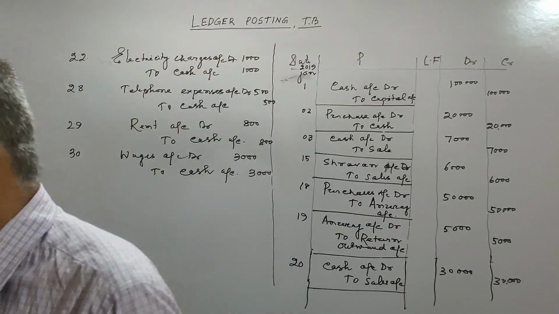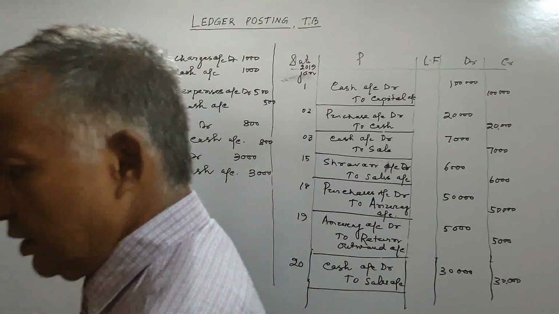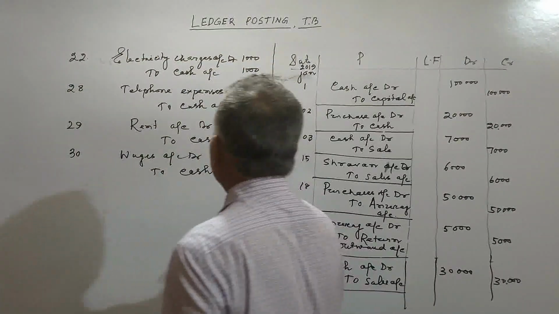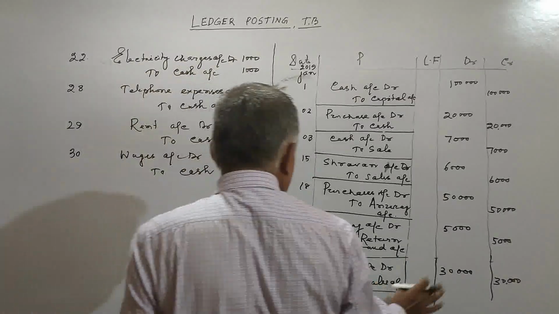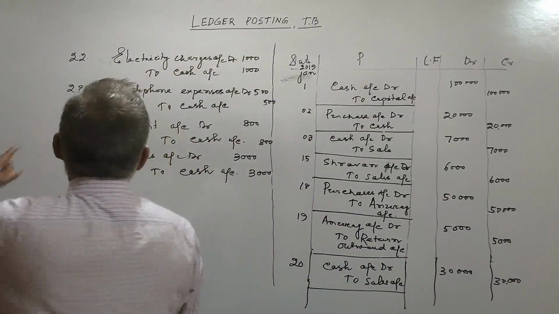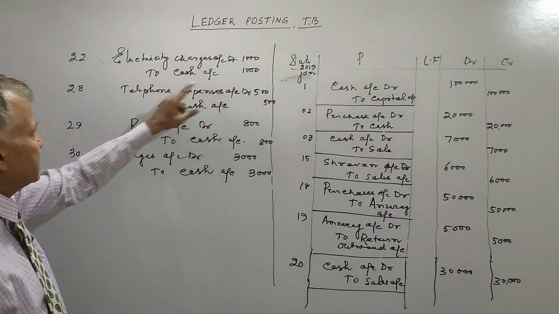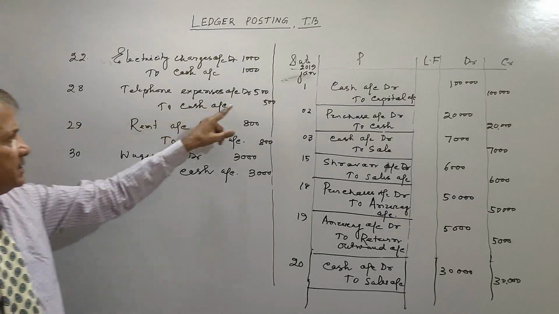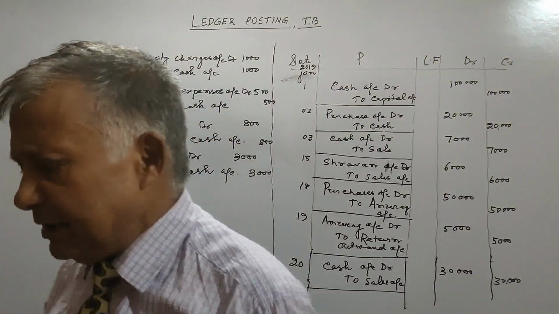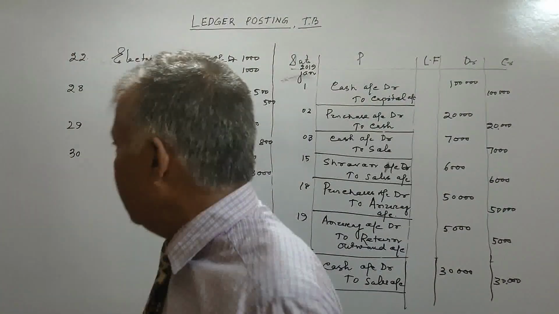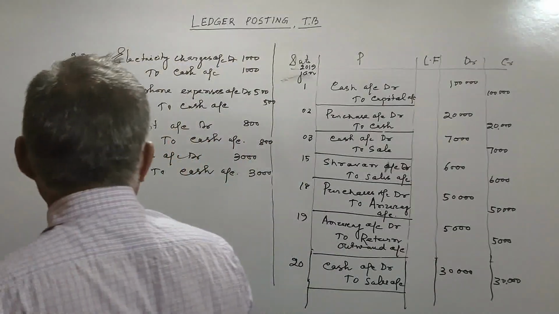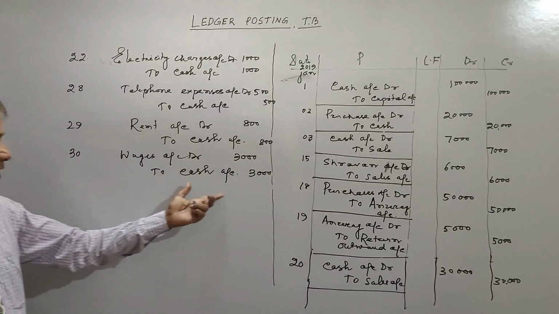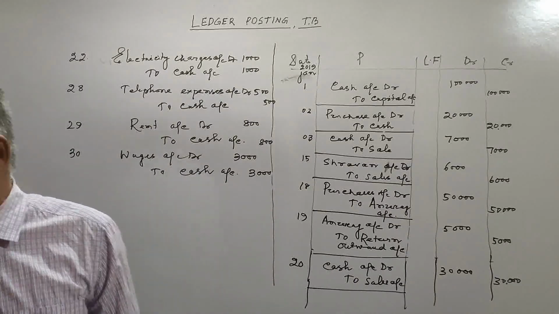Then comes sold goods for cash, 30,000, cash account debit to sale, being the goods sold for cash. Paid electricity to cash, being electricity expense paid. Telephone expense debit to cash, being telephone expense paid. Rent account debit to cash, being rent paid. Wages account debit to cash, being wages paid.